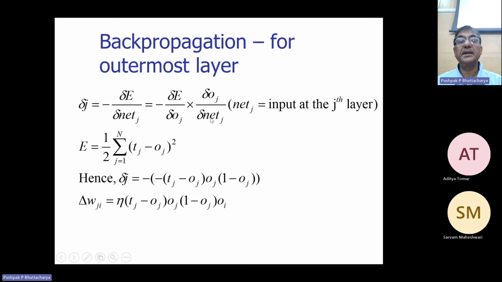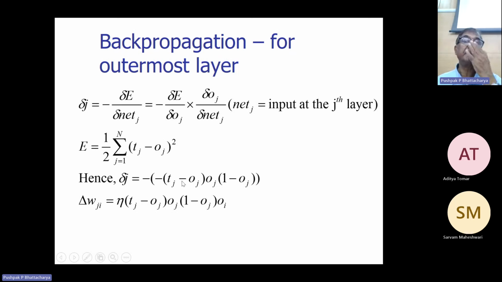And delta Oj by delta net J is the sigmoid derivative. So the change in weight expression is eta into Tj minus Oj, into the sigmoid derivative, into Oi.